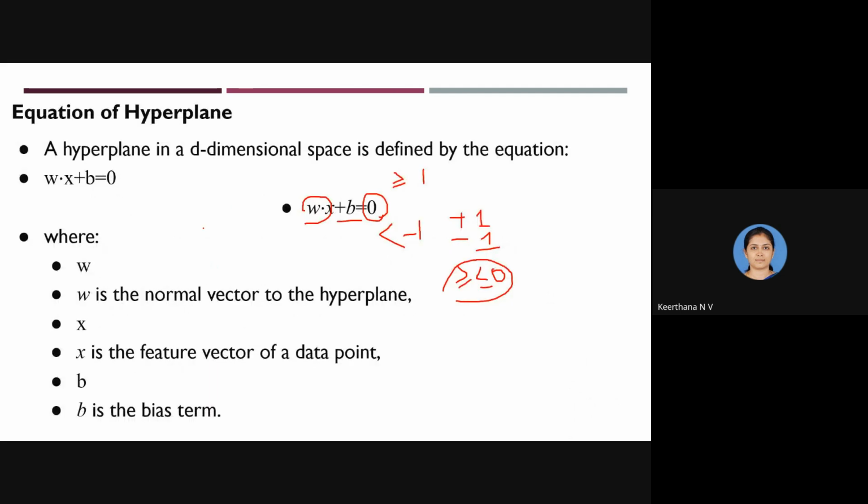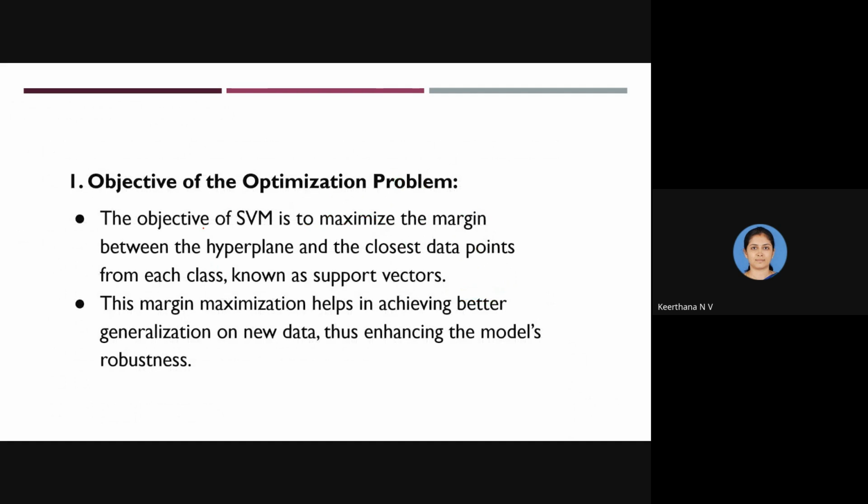In the morning session, I explained how the hyperplane exists and how you can represent the d-dimensional space in a hyperplane. Now the second thing we are going to see is why we are going for an optimization problem. What is the objective of an optimization problem with respect to SVM, the support vector machine? It is used to maximize the margin of the hyperplane.